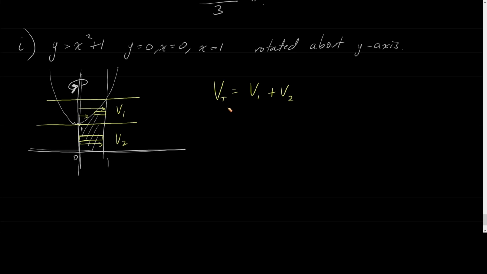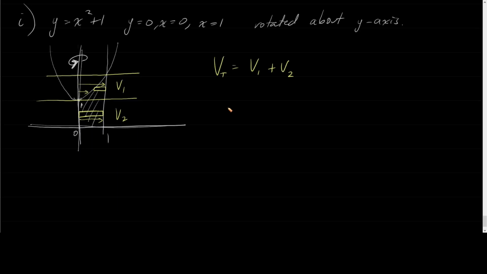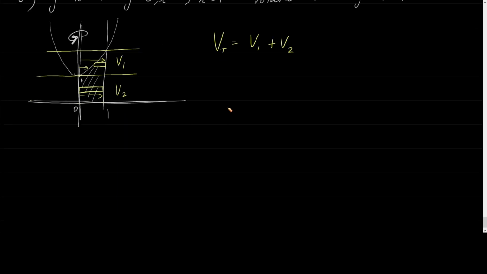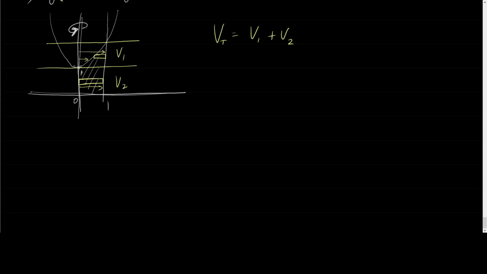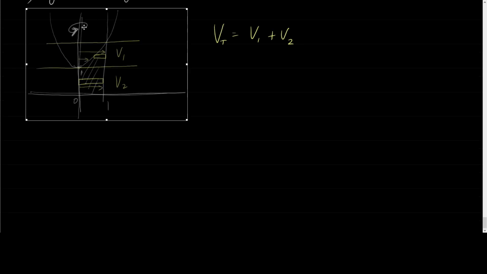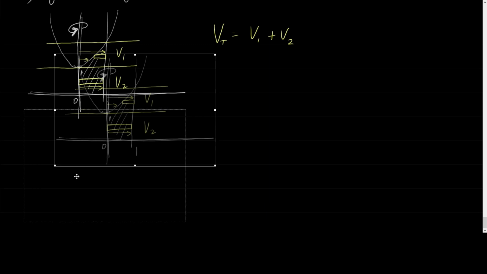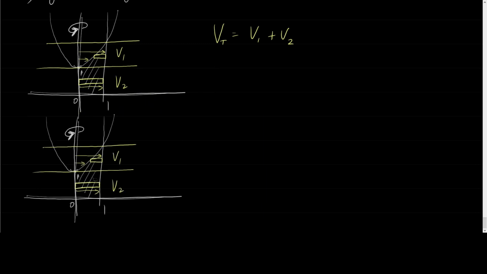And just to get an idea as to what this might look like when we rotate that region, let me erase some things here. So it'll look something like this.